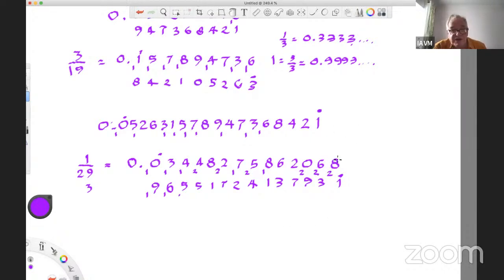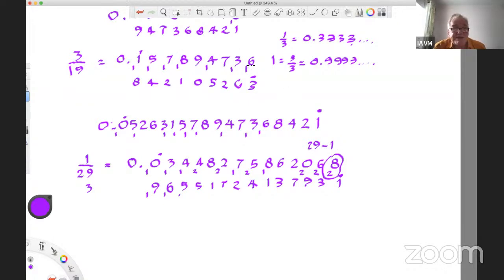And there is a way in which we can determine when we are halfway through, because the halfway through point here, at 28, is the difference between the denominator 29 and the numerator. 29 minus 1 is 28.